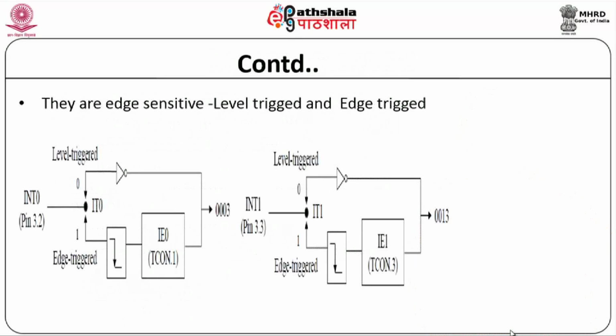Level triggered is one where if I am getting a 0, the whole flat portion, if it is 0, any time it gets fired. But when I am looking at something more precision oriented, where at that particular instant only it has to get fired, then I need an edge triggered interrupt.